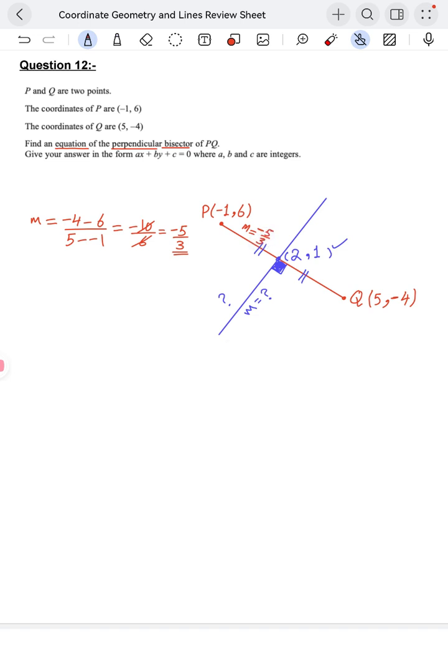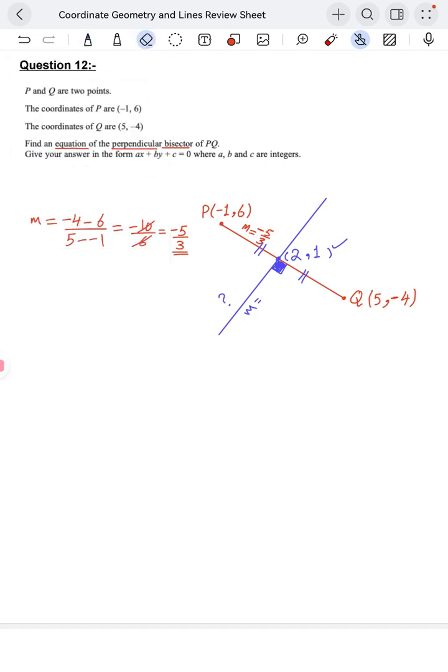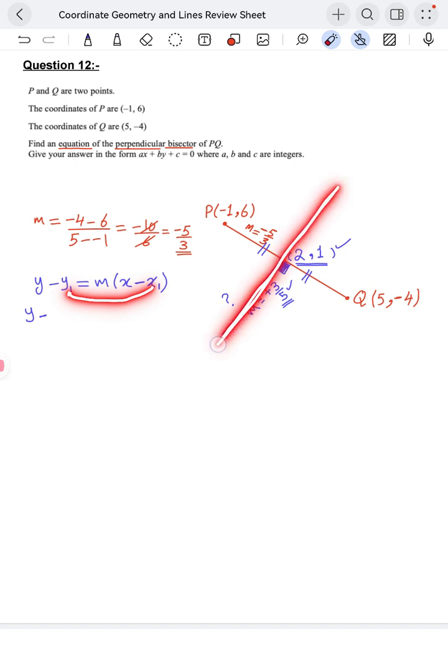So the gradient of the blue line will be, first you change the sign from negative into positive and switch it. 5 over 3 becomes 3 over 5. Now we have two things, the point and the gradient. To find the equation of the blue line, y minus y1 equals m bracket x minus x1, where x1, y1 is the point the line passes through.